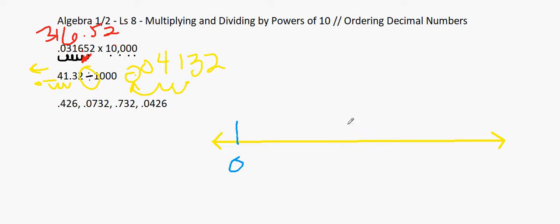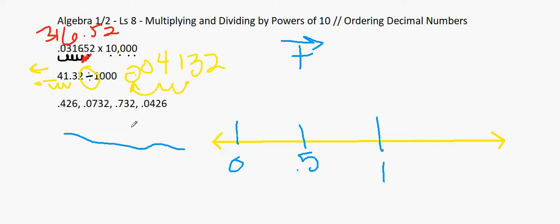Let's put 0.5 here to help us visualize, and let's put 1 here. Okay, so we are to the right of the 0. It's less than 1, but it's positive. That was my mistake there for a second. Positives to the right, negatives are what's down here, and we're not dealing with those right now. So less than 1 is still more than 0.